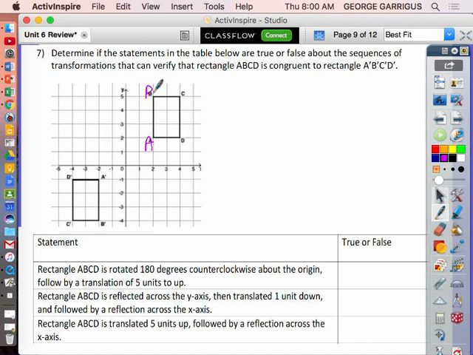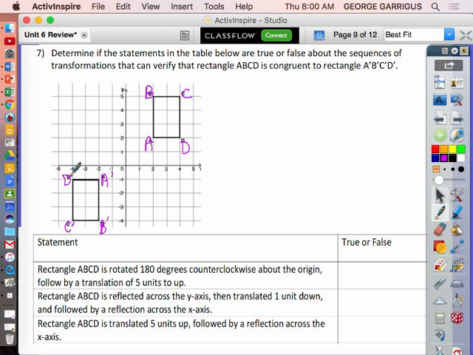This is B here. This is C, and that's D. Now let's look where A prime is here. B prime is here. C prime is down here, and D prime is here.